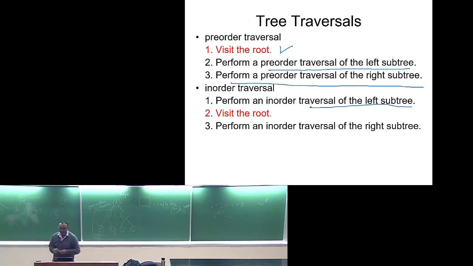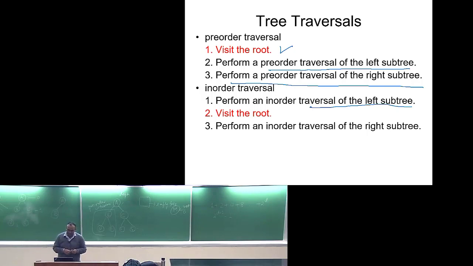Now can you think of the post-order traversal? What do we do in post-order traversal? In pre-order, we started with the root, then did pre-order traversal of the left subtree, then the pre-order traversal of the right subtree.